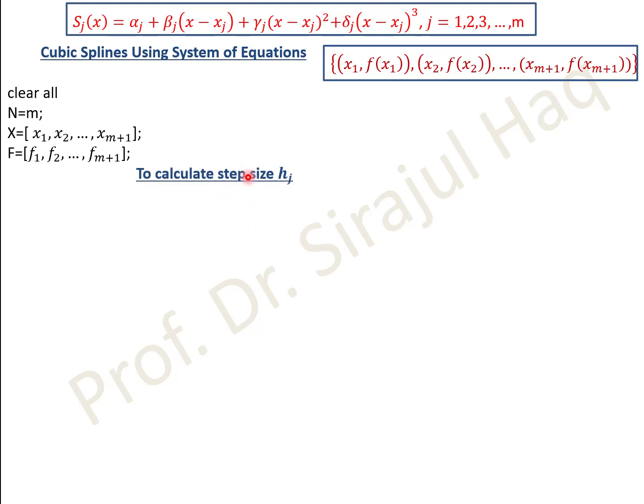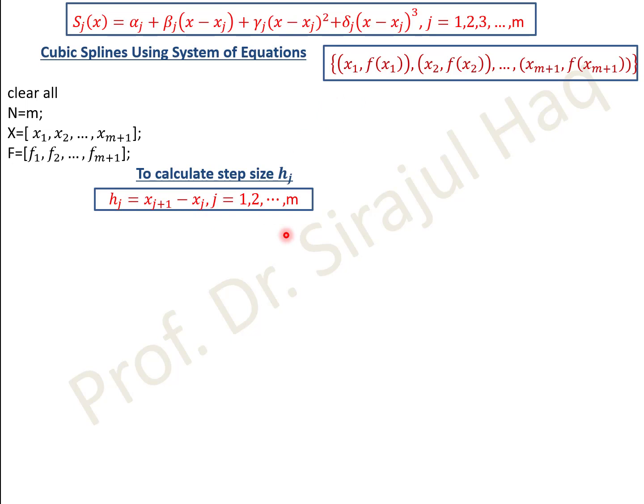Now you know that we need the step size. If you remember the last lectures, this was the step size. I just reproduced it for your understanding. Remember, this is not used for your computer code. This is just for your understanding. Throughout my lectures, when I write in red, it means I am writing just for you.